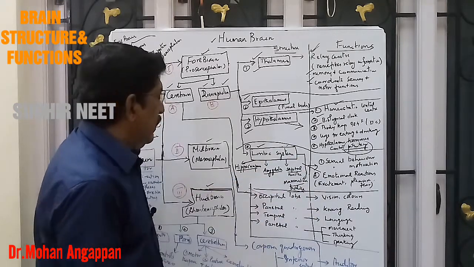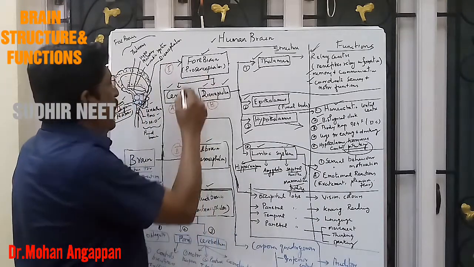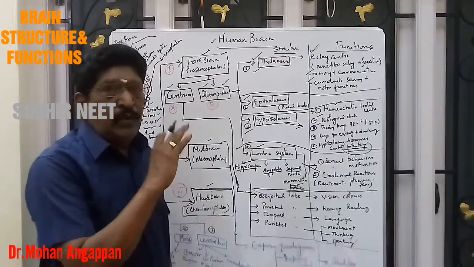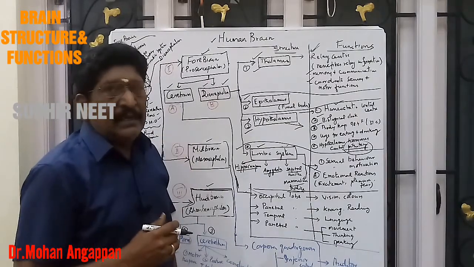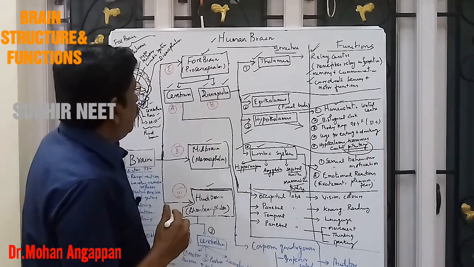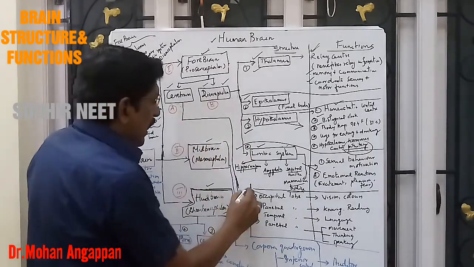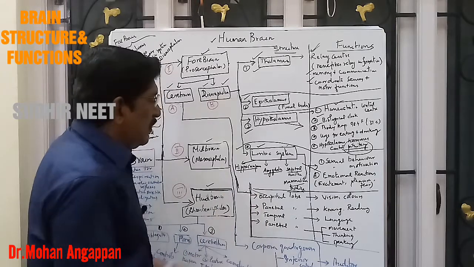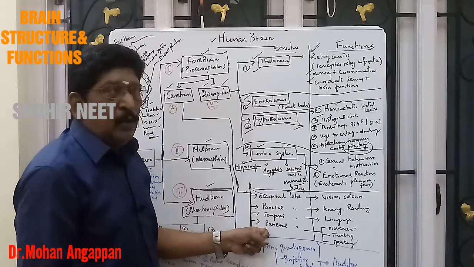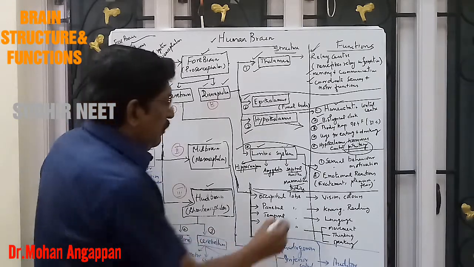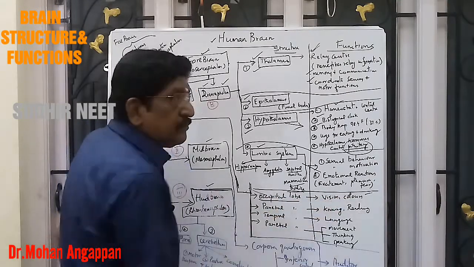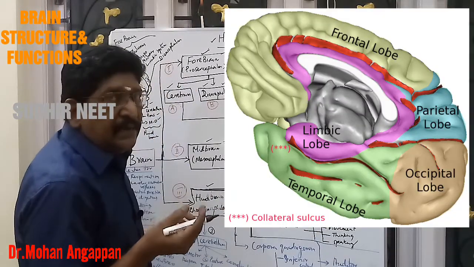Functions are given. Then the second part of the forebrain is the cerebrum, which consists of the cerebral cortex. It is divided into two hemispheres and into four lobes: frontal lobe, parietal lobe, temporal lobe, and occipital lobe. The occipital lobe is responsible for vision and color, eyesight.